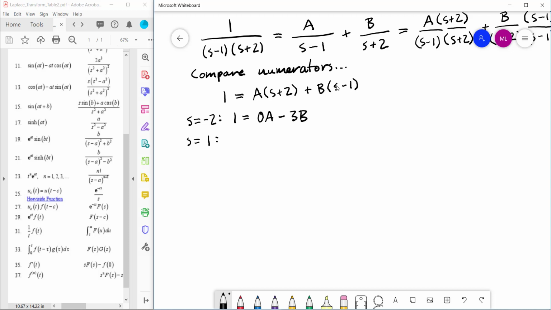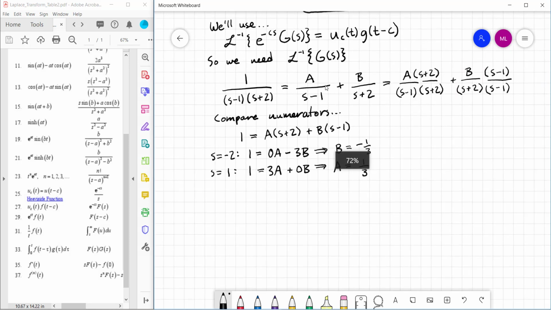That's what I get out of that one. For the other one, I'll have 1 on the left, so I'm plugging in s equals 1. Here I'll get 3A, and over here I get 0B. And between the two of these, the top one tells me that B has to be equal to -1/3, and the bottom one tells me A has to be equal to +1/3.